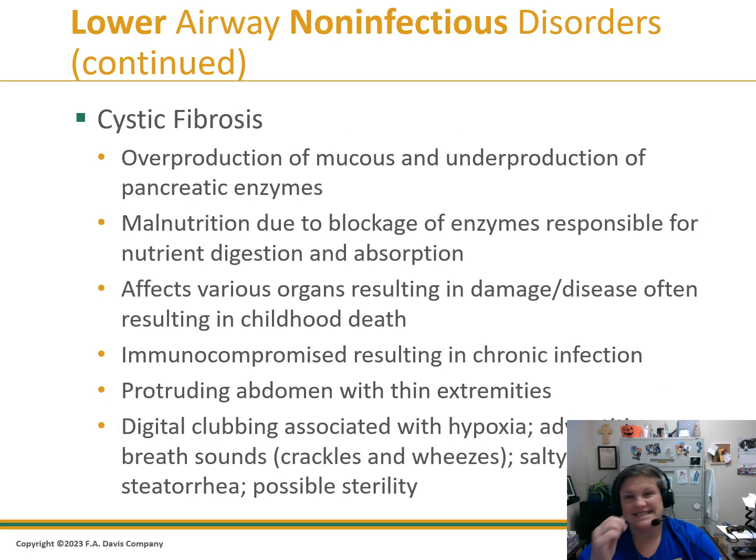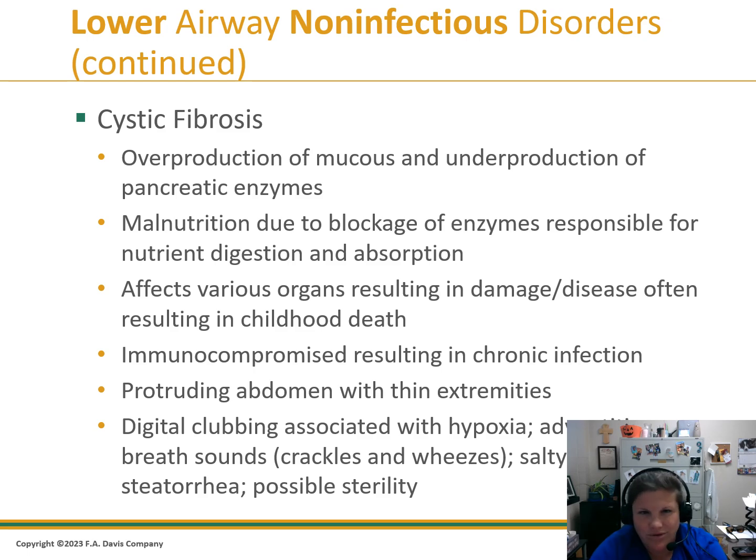Okay, cystic fibrosis. We talked about this. I don't actually know what order you're getting this content in, but this was also covered in the gastrointestinal chapter 16, because CF affects both the respiratory system and the gastric system.